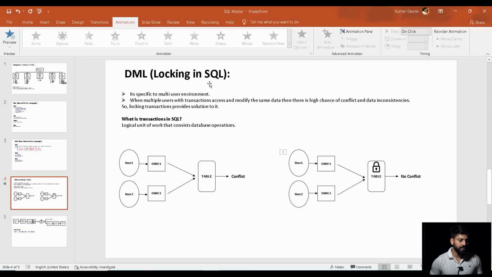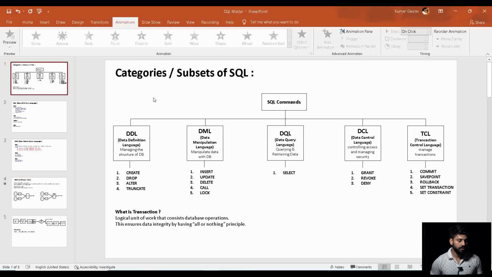Before moving ahead with locking in SQL, let me take you back to the first class, that is categories or subsets of SQL. That means the SQL language gets categorized into 5 different subsets: DDL, DML, DQL, DCL and TCL. In DML, we already saw these 3 commands: insert, update and delete.